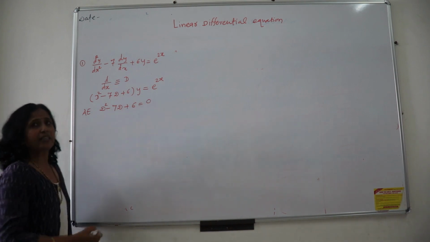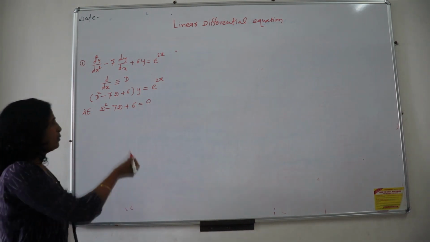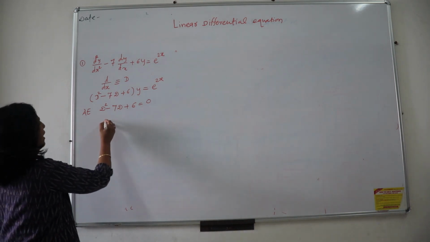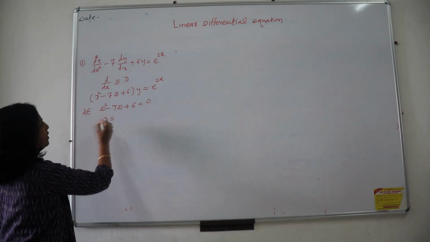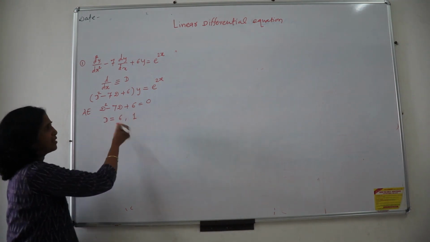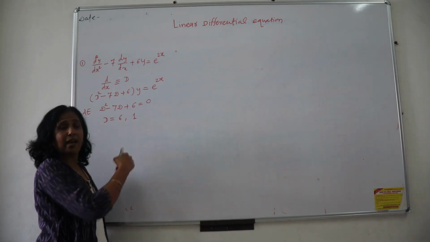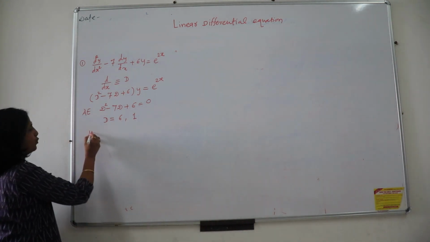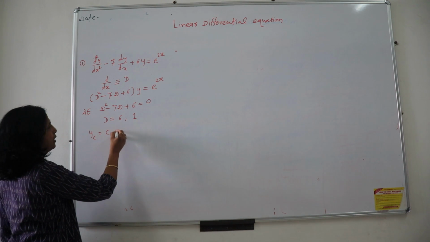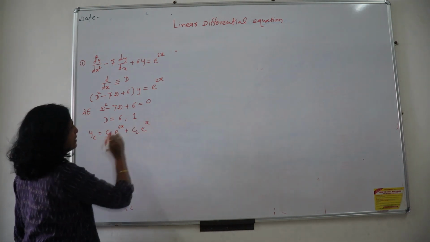And now you may factorize this. You may go manually, you may go on calculator even, you have this provision to simplify, and therefore you are getting the two values here. D is equal to 6 and 1, both the values acceptable, both the roots are real and distinct, and therefore your complementary function will be c1 e raised to 6x plus c2 e raised to 1x, means x.